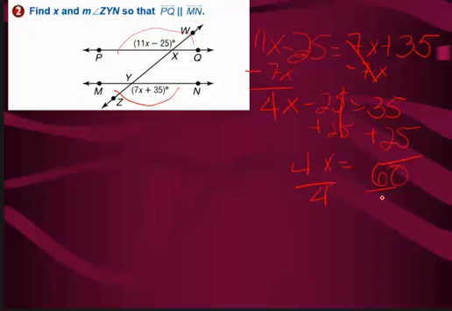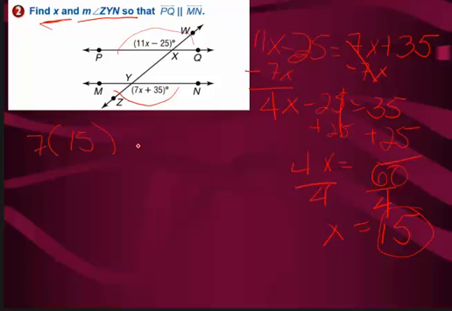Solve for x. Okay, so that's the first part of my question. The second part says to find ZYN. So I need to plug this back in to the 7x plus 35. So we'll do it over here. And I do need my little calculator.